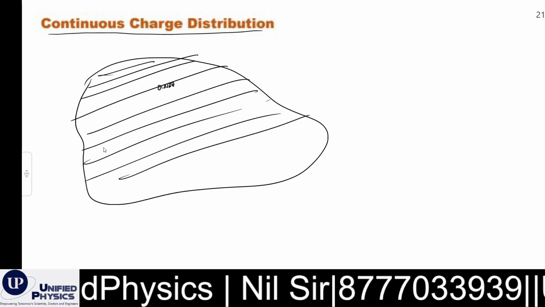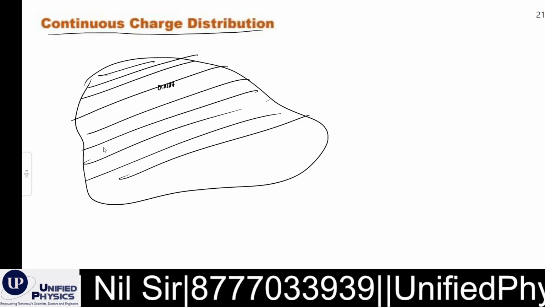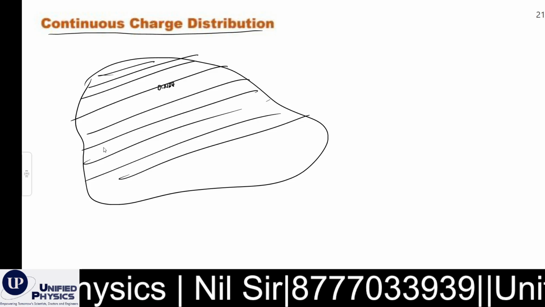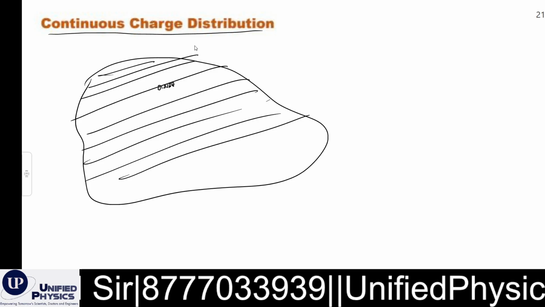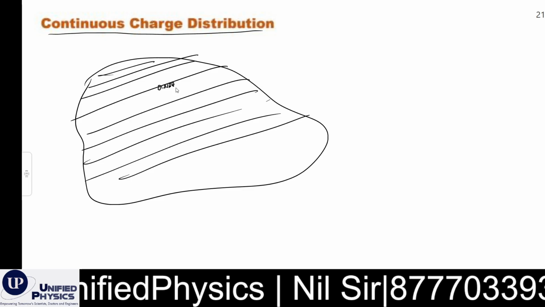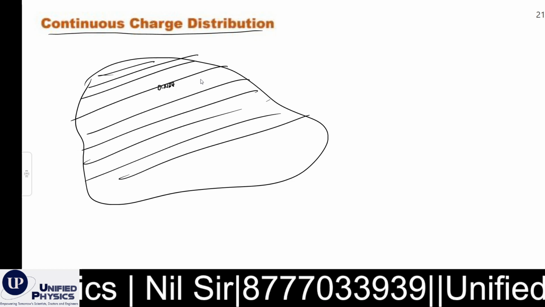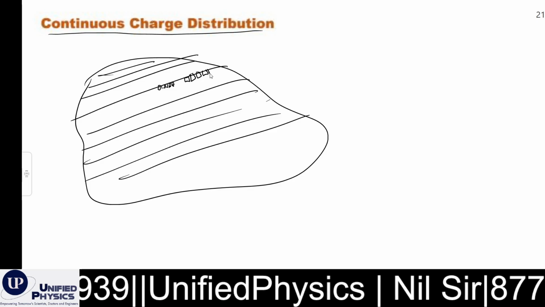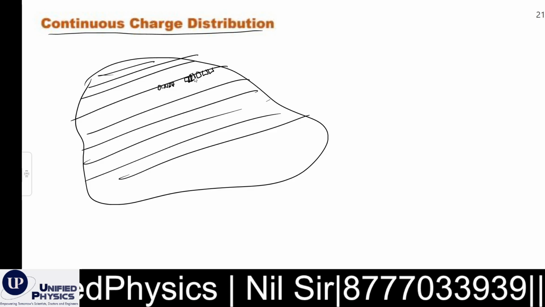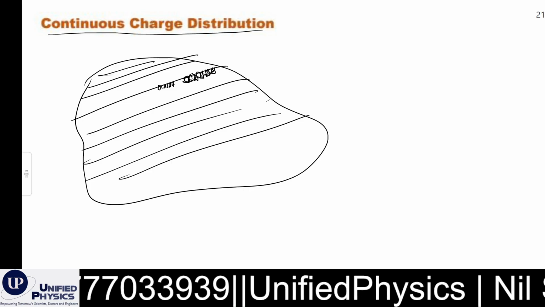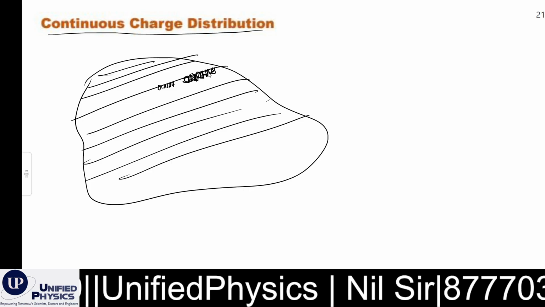If the number of particles is huge in a certain region, so that they overlap on each other, then we can say that they are continuously distributed. That means the gaps you see between each sand particle, if they overlap, if they are very close together, with a lot of sand together, they will overlap on each other.